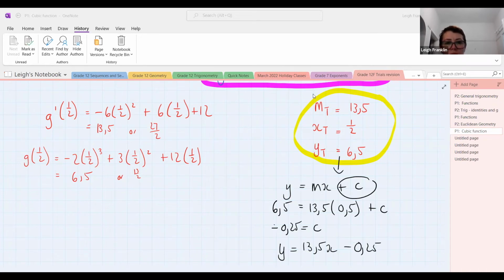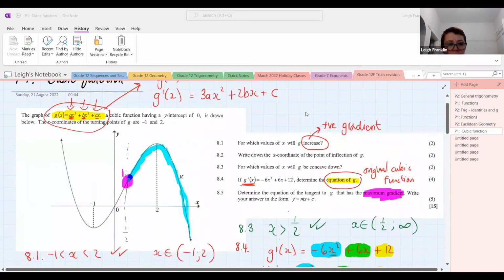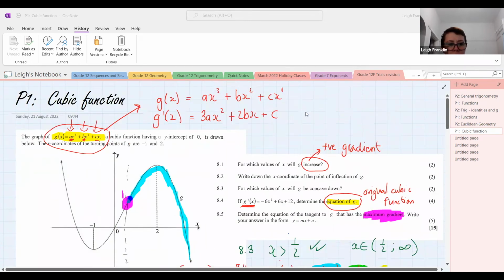So it should be negative 0,25. There we go. Okay, good job, everybody. Well done.